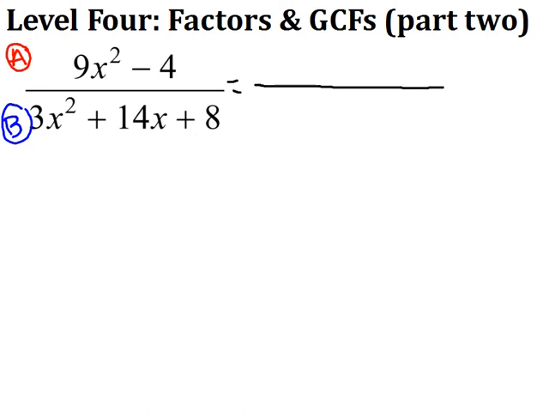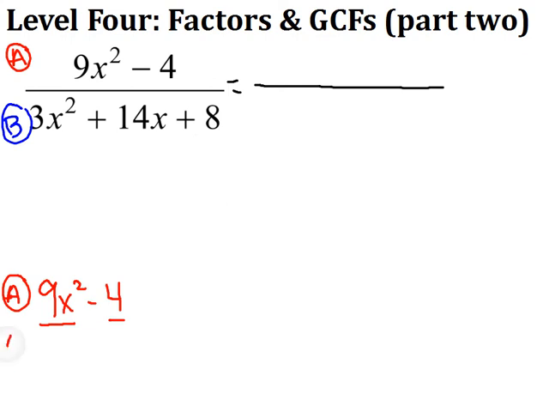So part A, 9x squared minus 4. If you notice the pattern here, 9x squared minus 4 is a difference of perfect squares. 9x squared and 4 are perfect squared numbers, and x squared is a perfect squared variable.